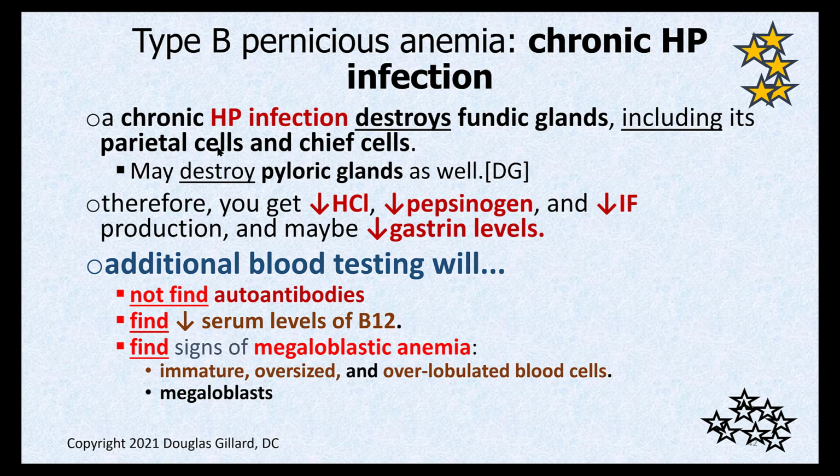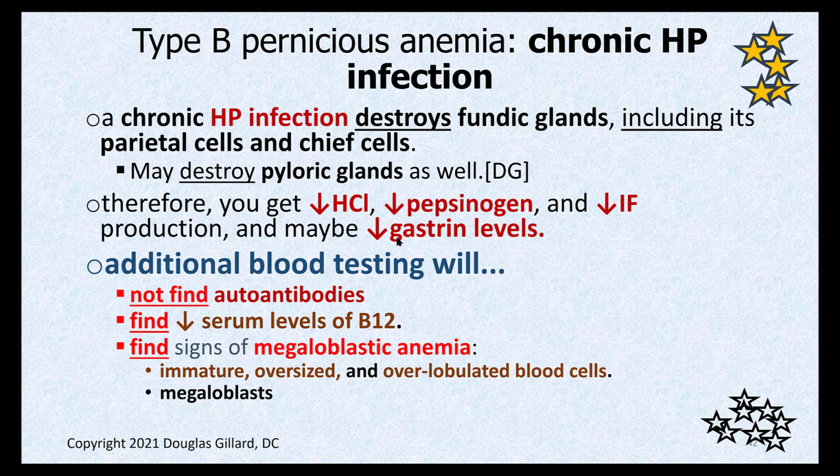If you destroy parietal cells and chief cells, there goes the hipster guy, right? So no hydrochloric acid or decreased hydrochloric acid, decreased pepsinogen or no pepsinogen, decreased or no intrinsic factor, that's the hipster. And then maybe even confusingly decreased levels of gastrin.